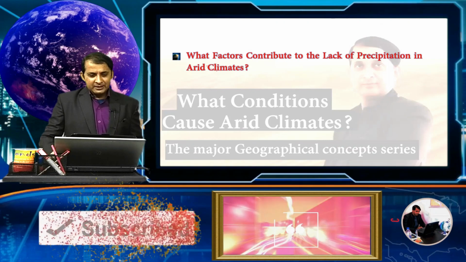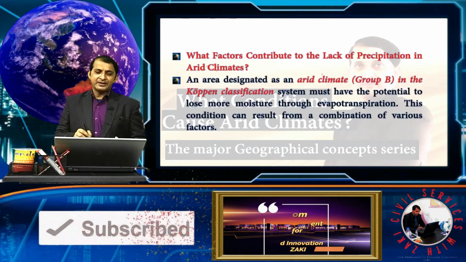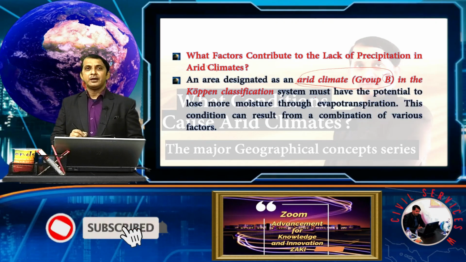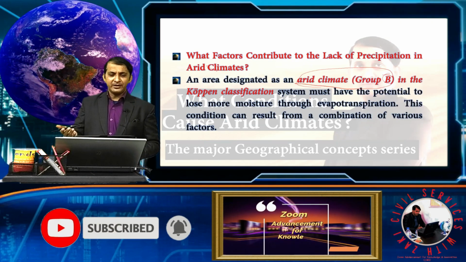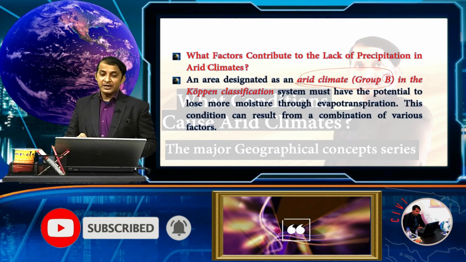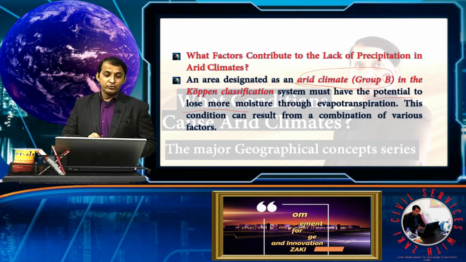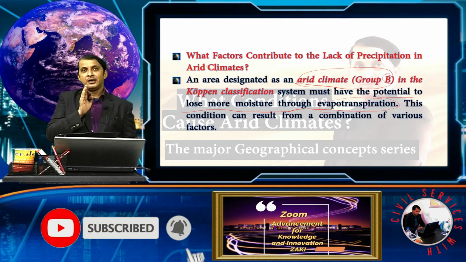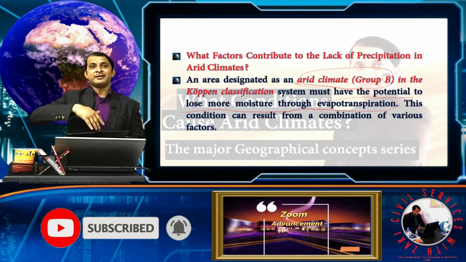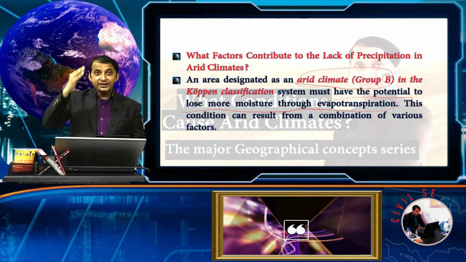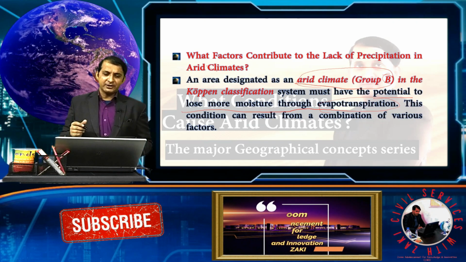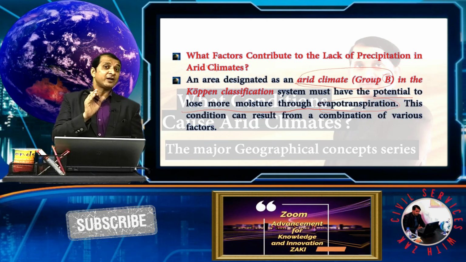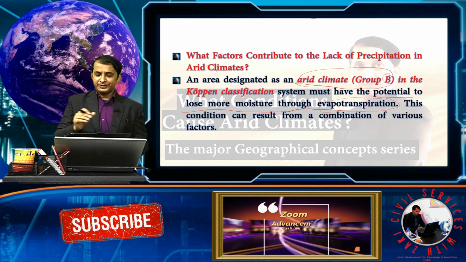The areas designated as arid climate, climatic group B in the Köppen classification system, must have the potential to lose more moisture through evaporation. In these areas evaporation is more and precipitation is less. This condition results from a combination of various factors. We see these factors one by one in this video.